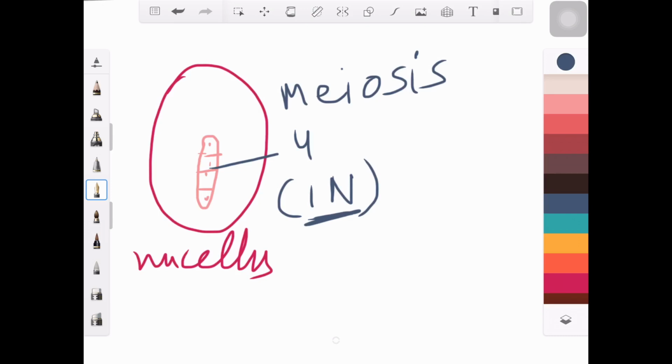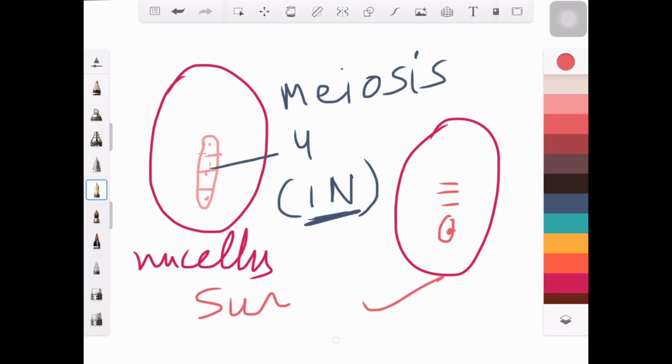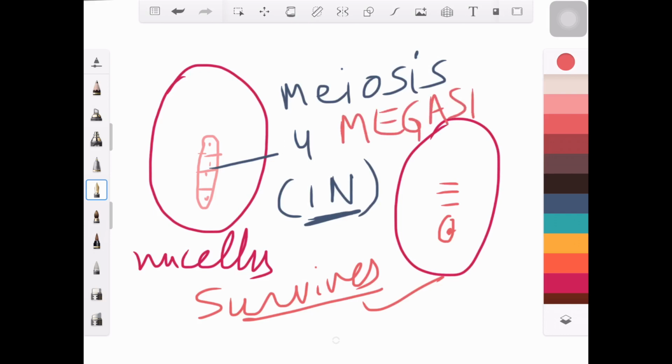And the strange thing is that out of these, 3 will die, they will degenerate, and only one of the daughter cells will survive. Only one survives, the rest all perish, and this is called the megaspore.